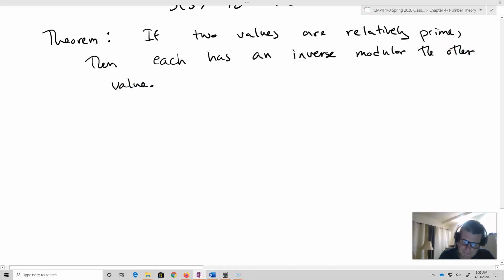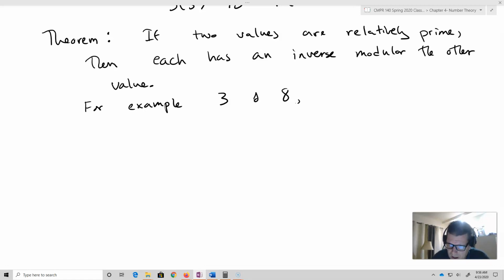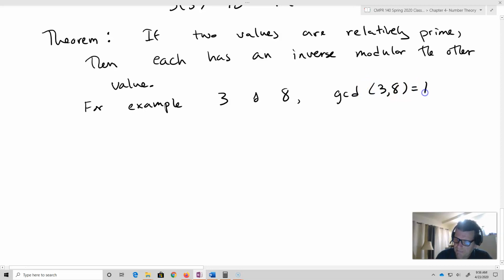For example, we had 3 and 8. We saw that 3 actually had an inverse modulo 8. And it turns out that 8 will have an inverse modulo 3 as well. The GCD of 3 and 8 is equal to 1.